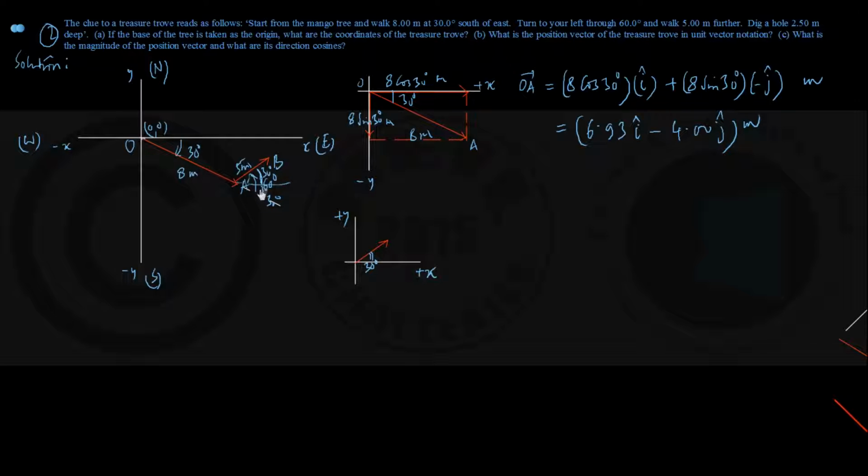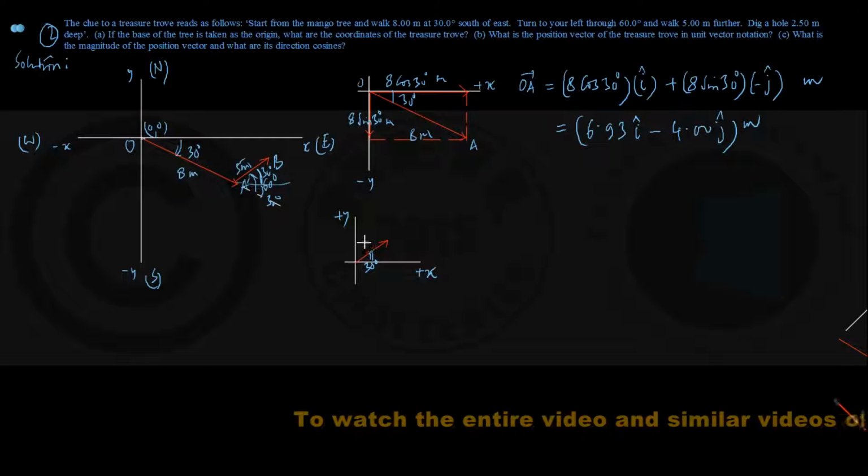He is moving at an angle of 60 degrees from this direction, which itself is making an angle of 30 degrees below the plus x axis, and therefore the direction of AB makes an angle of 30 degrees with the plus x direction in the anti-clockwise sense. So this is 30 degrees. The length AB they have already said to be 5 meters.